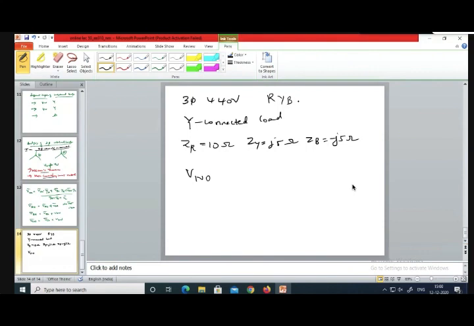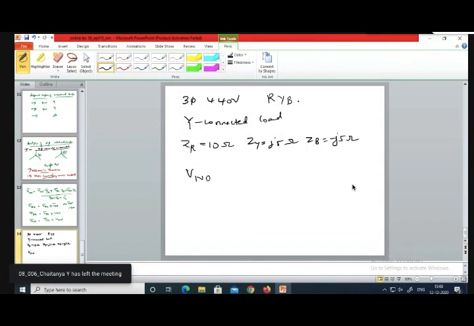It is a three-phase 440 volts system supplying a star connected load. That means the line voltage on the supply side is 440 volts.